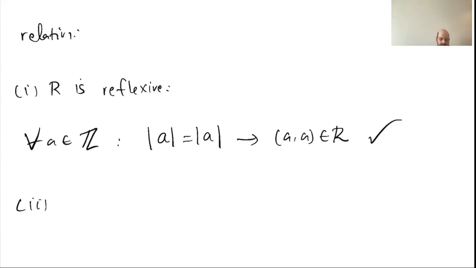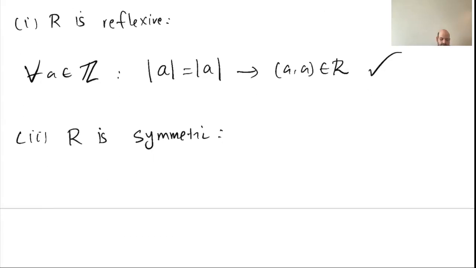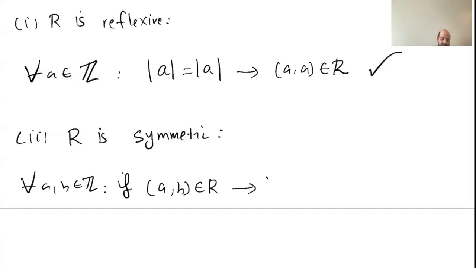Second property I have to check, R is symmetric. Symmetric means for every a and b in Z, if (a, b) is in R, then I can conclude that |a| is equal to |b|.